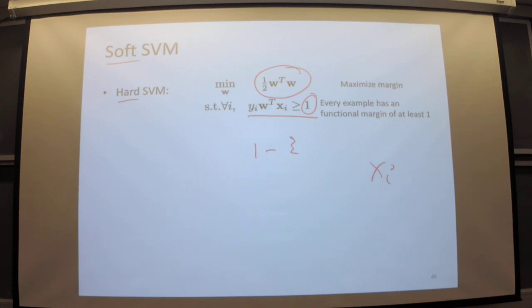So I allow every example to have a slack. I don't want every example to have a functional margin of 1, but I'm going to let the learning algorithm figure out which examples are outliers, and instead of saying they should have a functional margin of at least 1, I want them to have a functional margin of at least 1 minus psi i.